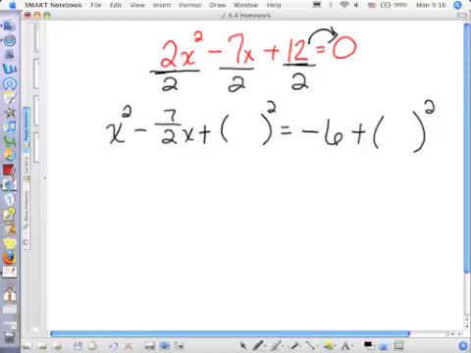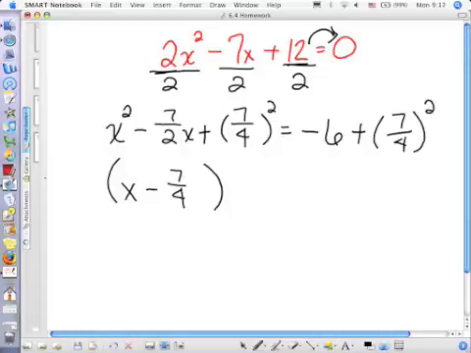What's the something, Sean? 7/4. Caleb, what does the left-hand side factor down to give you? X minus 7/4.